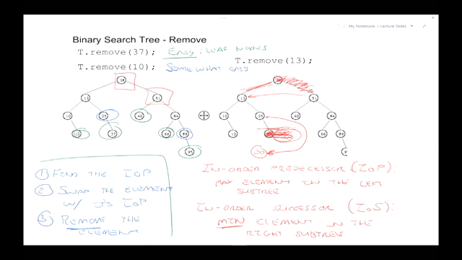So in this particular case, the argument is we can then just simply have 40 point to 13 and 51 be the new root. What if 40 had an element 41 over here?